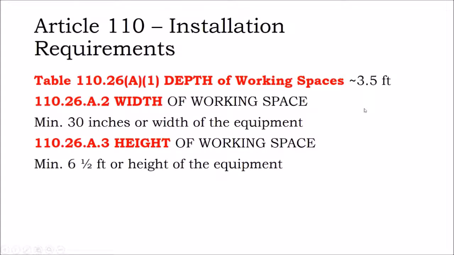And so the depth of the working space, how far back does the equipment need to go? That has special rules for what is behind the panel as well as what is in front of the panel. The maximum space is around 4 feet, and the minimum space is around 3 feet.